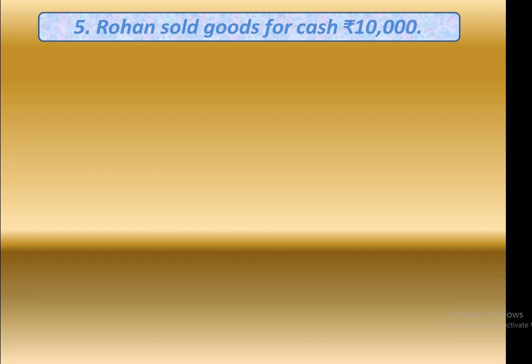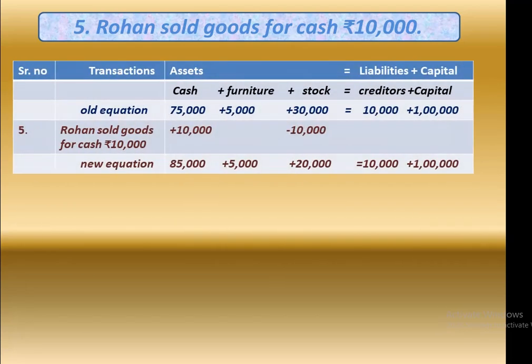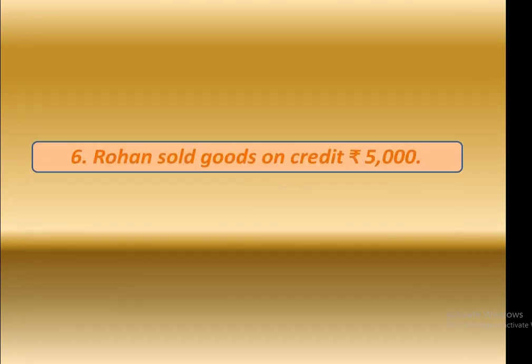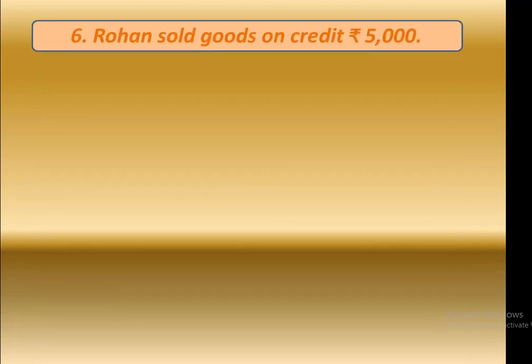Now, Rohan sold goods for cash. Here is the treatment. It means cash is increased by rupees 10,000 and stock is reduced by 10,000. Next transaction. Rohan sold goods on credit.